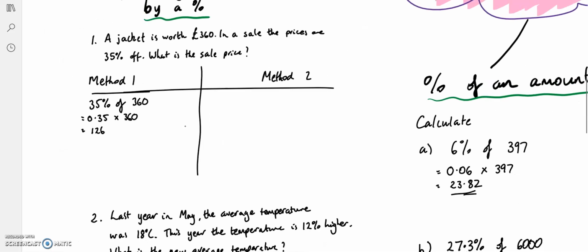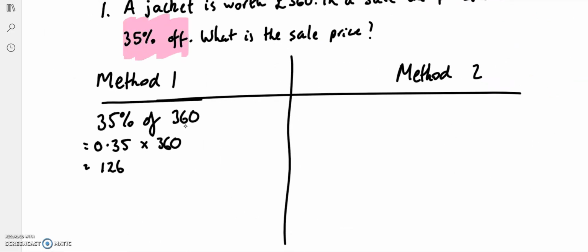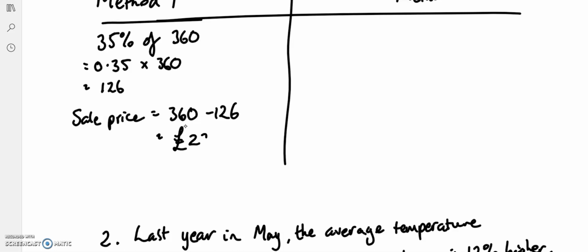But remember, that is how much has come off. It was 35% off, so we now need to take that off the price. So the sale price is 360 subtract 126, which is £234. That's method one.